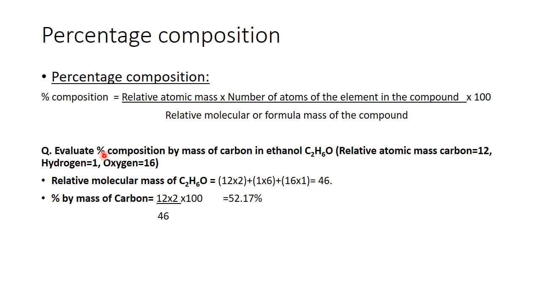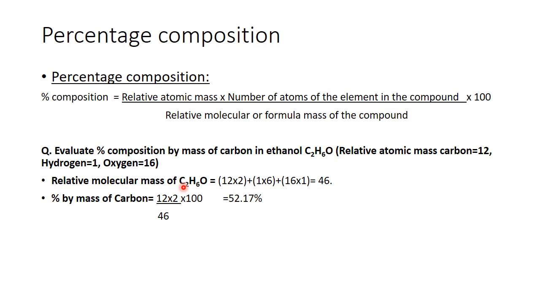The oxygen has a relative atomic mass of 16, and there is 1 oxygen, so 16 multiplied by 1. Overall we get the sum of 46.